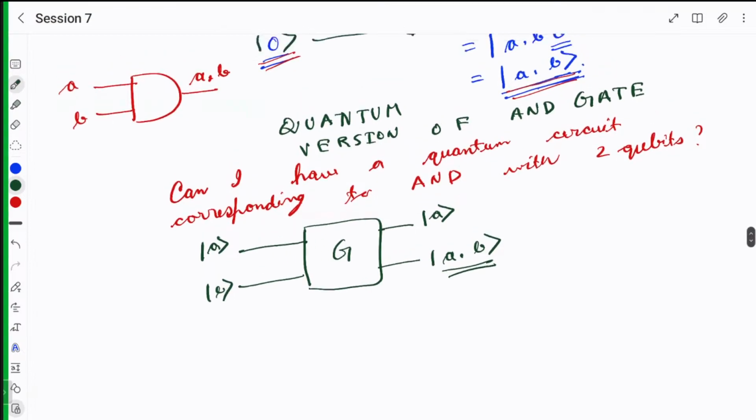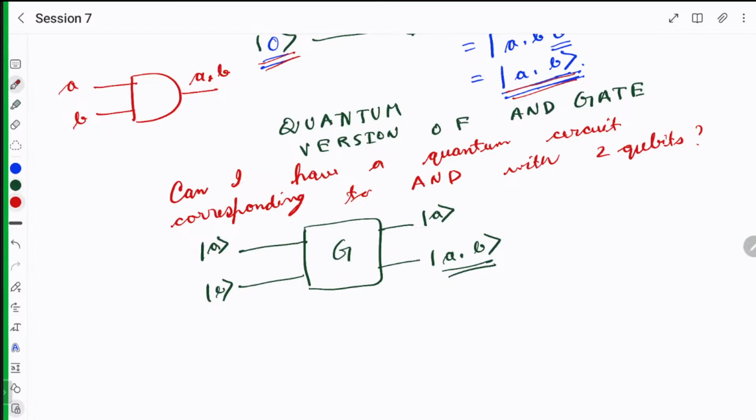Any guesses? Yes, no. You can make any random guess also. That's fine. So I can give you a hint.